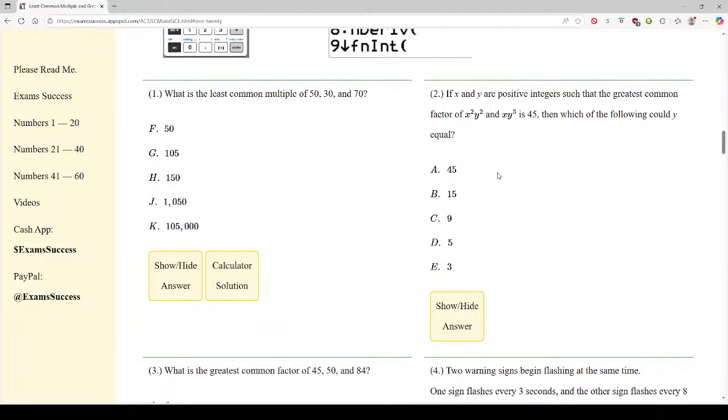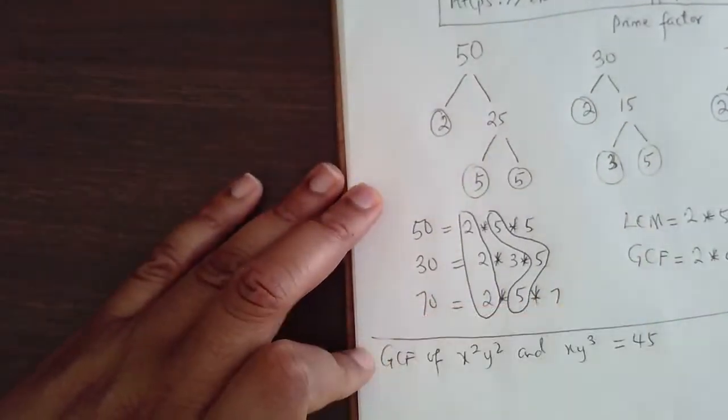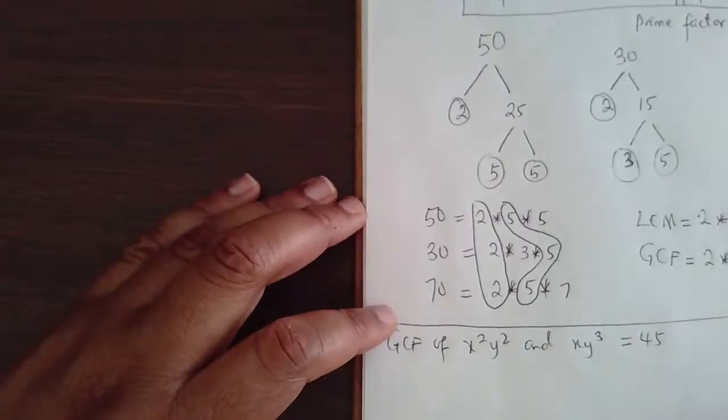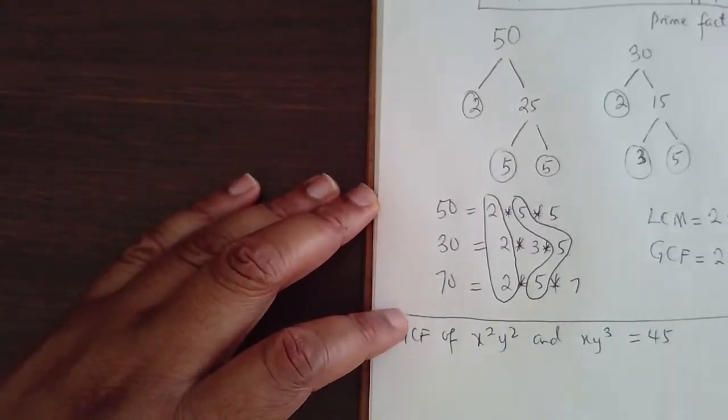So we have x squared, y squared, and xy cubed. The GCF of this is 45. They are now asking us what is the value of y.